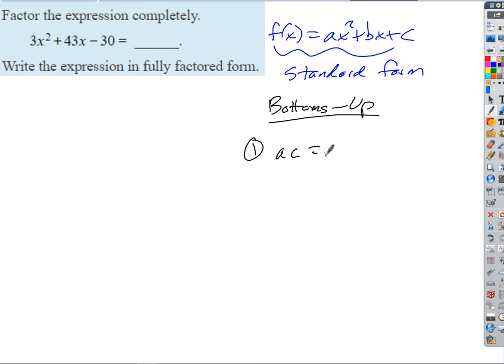So what's a times c? Negative 90. So we want to find numbers that multiply to a times c, and they add up to b. What's b equal to? 43.